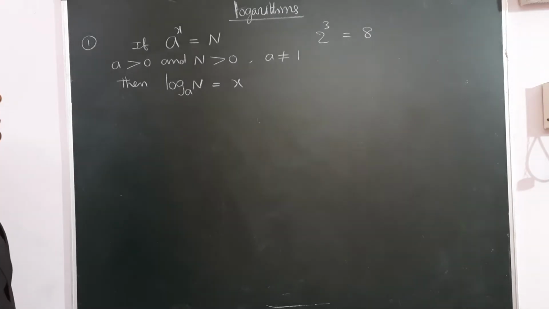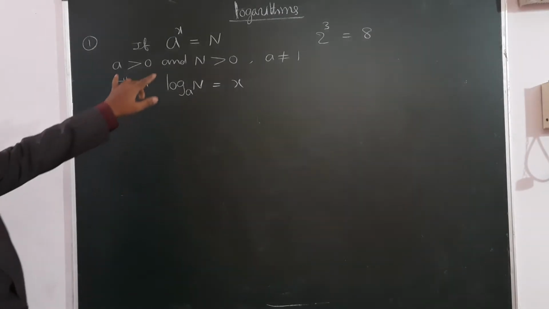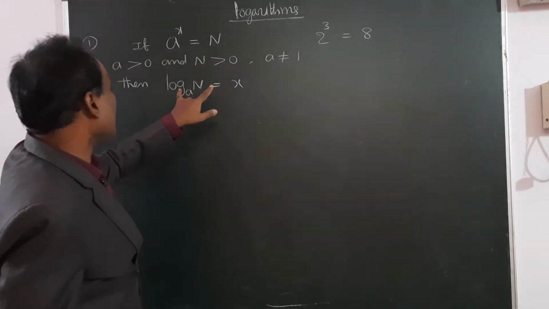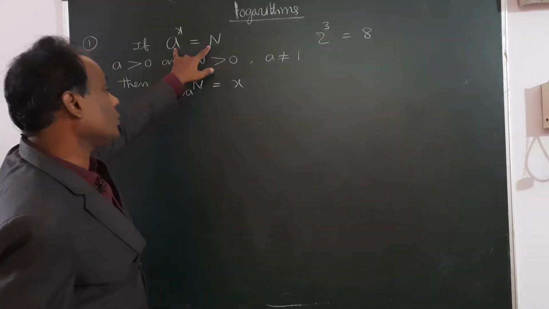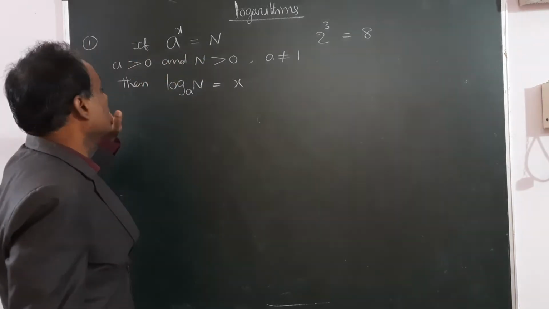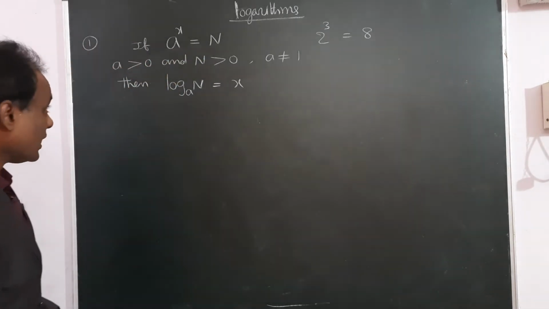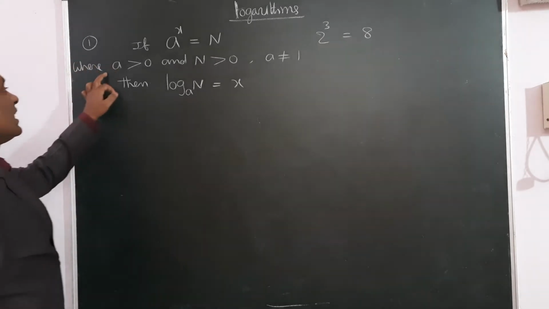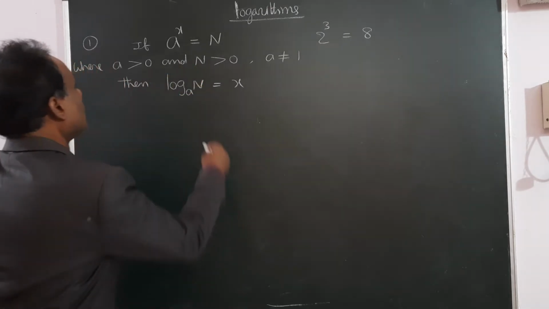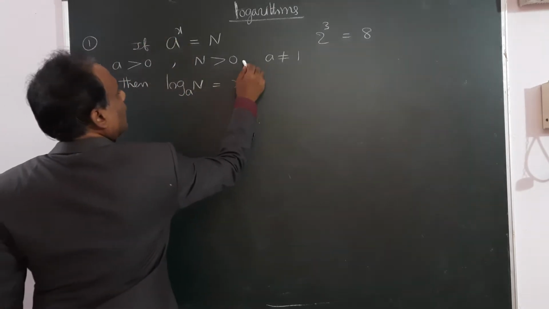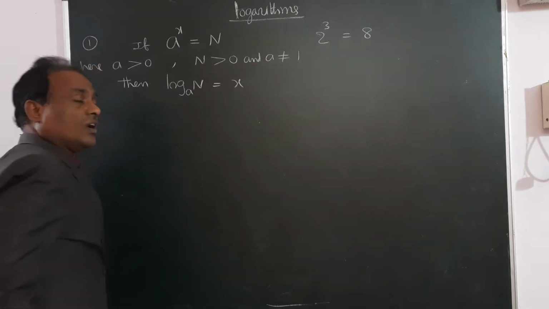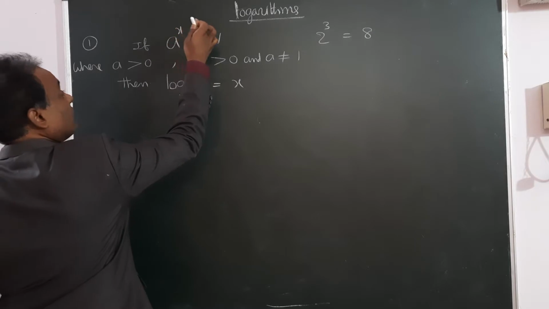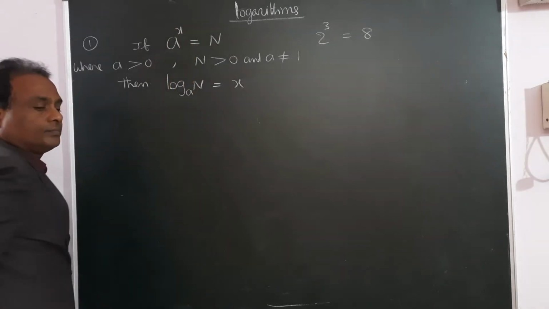So this is the basic definition. Suppose any exponent form is given, we can convert it into logarithmic form. If logarithmic form is given, we can convert it into exponent form. So first write down the definition. If a power x is equal to n, where a greater than 0, n greater than 0, and a not equal to 1, then x is the logarithm of n to base a.